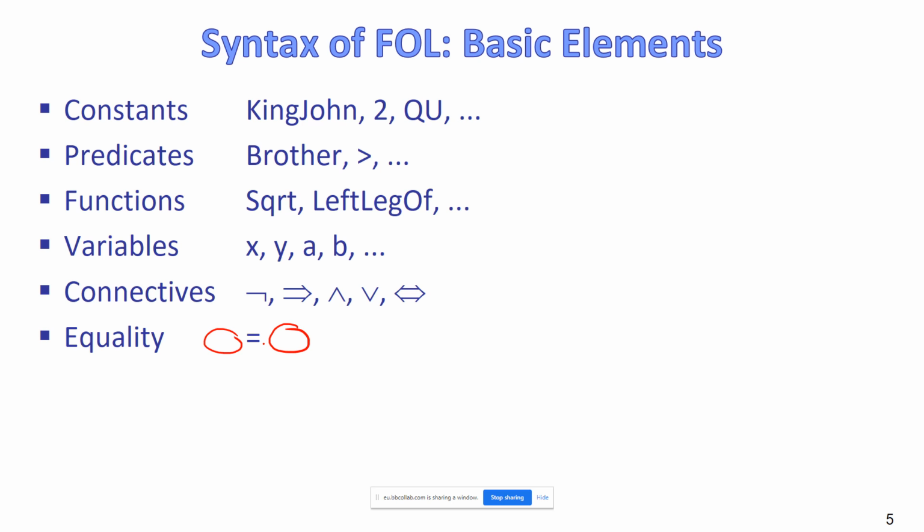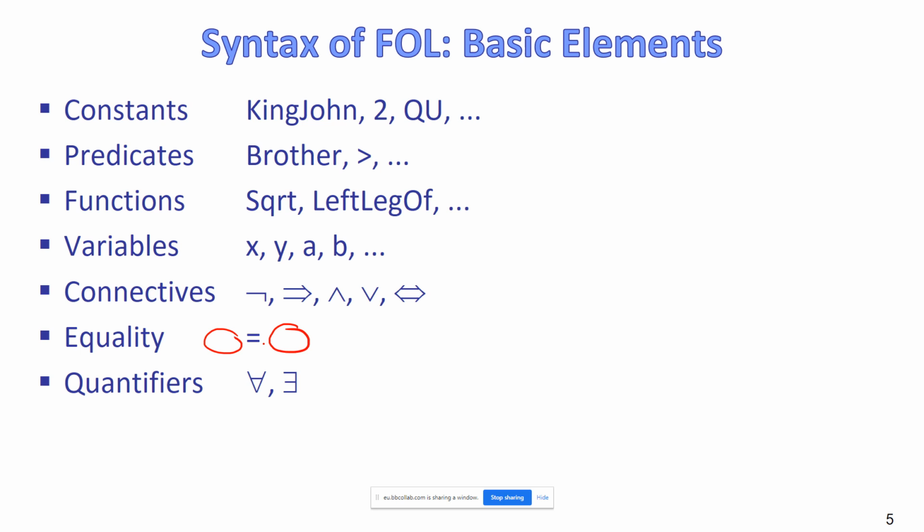When I say 1 plus 2 equals 3, that means that 1 plus 2 refers to the same object that is referred to by 3. Or when I say the president of US equals Trump, the president of US is referring to the same object as Trump. Okay, so that's equality.